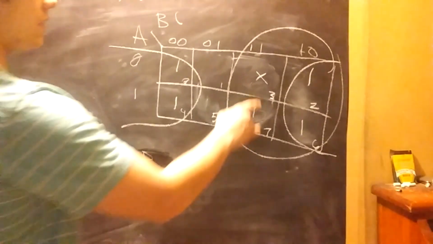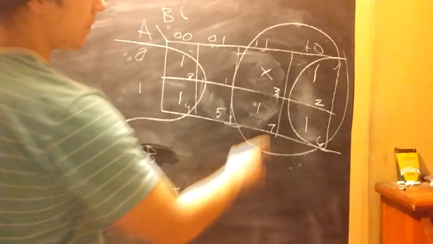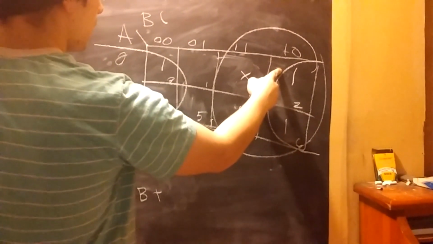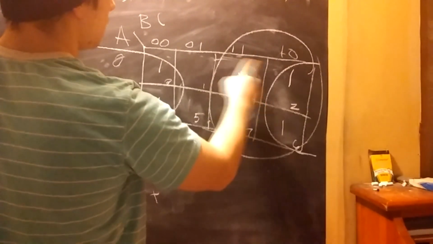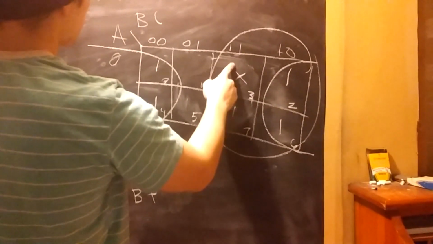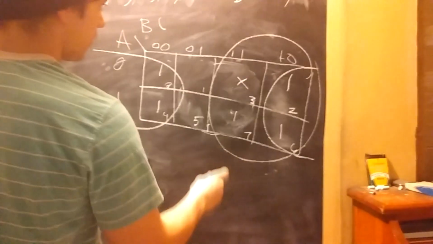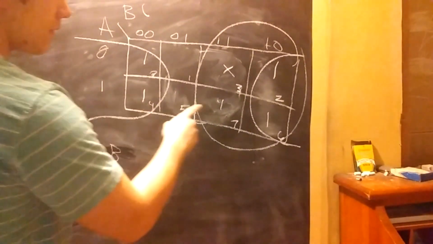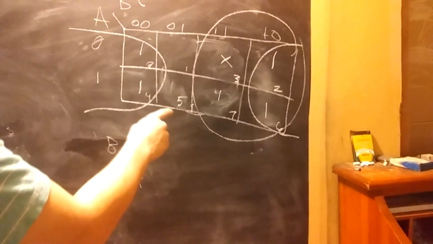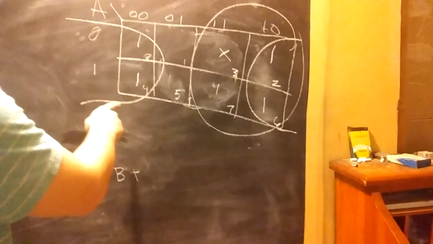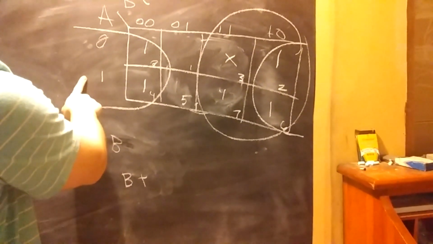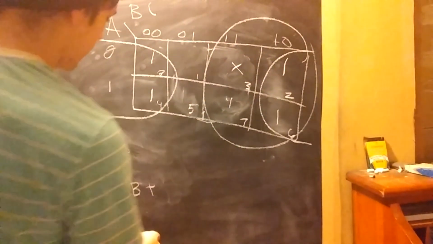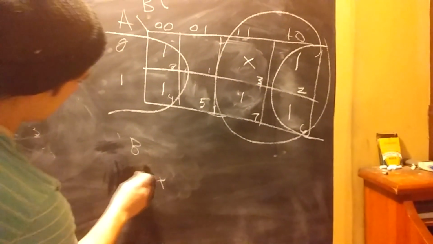This other circle that we made takes on both values of A, so there's no A. It takes on both values of C, so there's no C, but it only keeps the value B, which is true. Am I saying that right? So the first one is C bar.